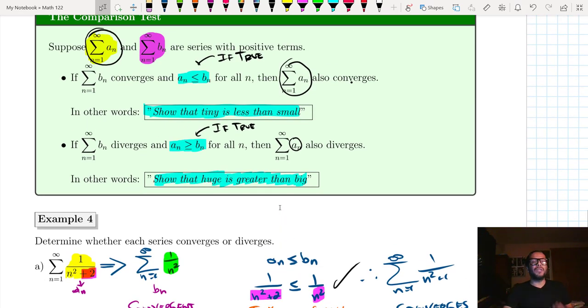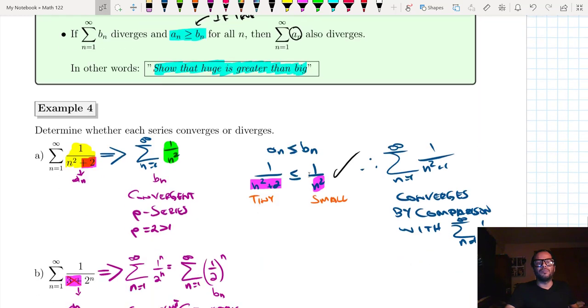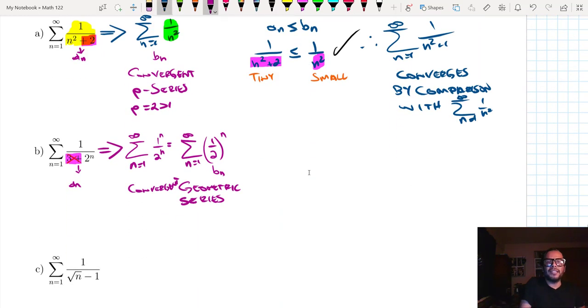So because we came up with a convergent series, then again we have to show that tiny is less than small. In other words, a sub n less than or equal to b sub n, for which a sub n is 1 over 3 plus 2 to the n, less than or equal to 1 over 2 to the n. And in this case, this is true because let's analyze the denominator of the left-hand side. 2 to the n, 2 to the n.